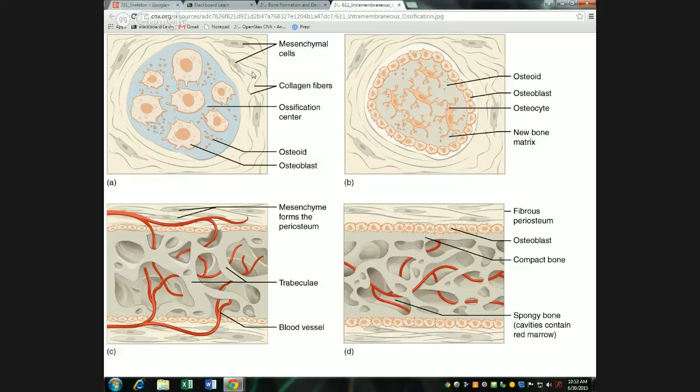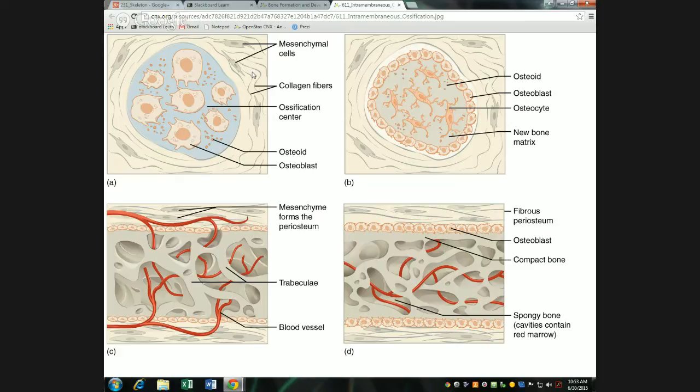It started secreting the proteins to make bone matrix to calcify the tissue. It divided into two cells, and those two cells divided into four, et cetera, and we get a little population of bone cells growing in this ossification center.